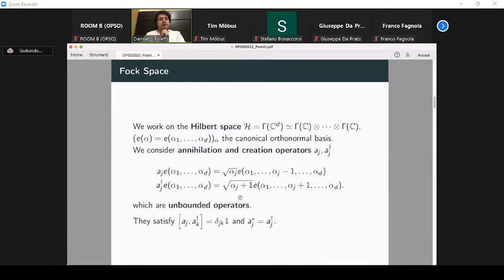Another important property is that they follow a certain commutation rule, and commutation and non-commutation are another important theme during the talk. Also, annihilation and creation operators satisfy a certain adjunction rule.